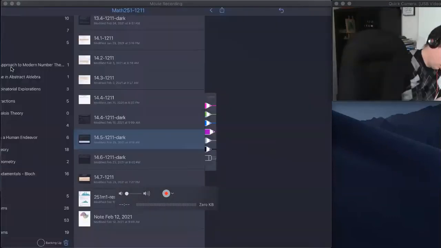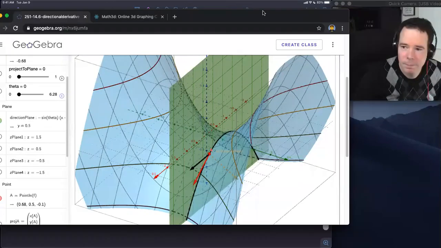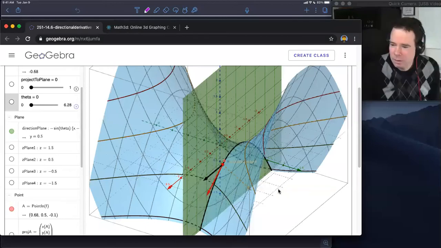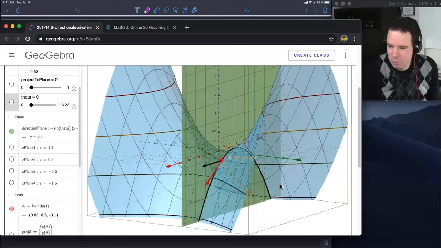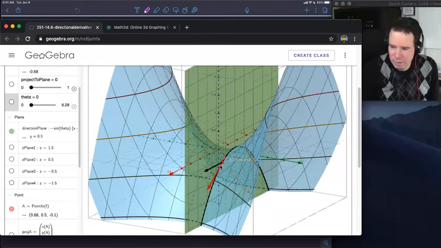All right, let's have a look at directional derivatives. What are directional derivatives? Well, I'm going to do it with a picture like we did before. I've got this surface in blue, and we're used to seeing a picture like this, where I take a plane in the x direction, at some particular y value, and slice the surface, and it gives me this black curve.